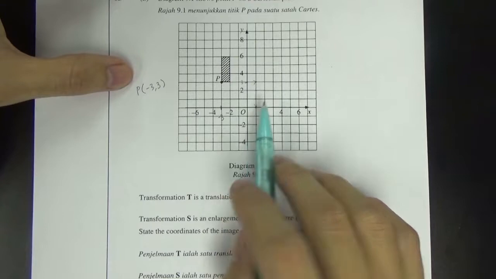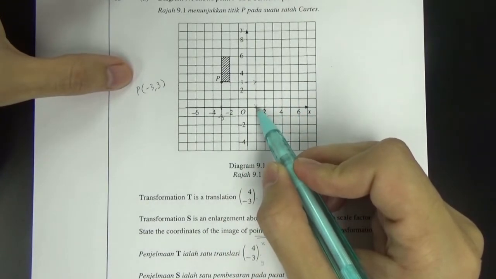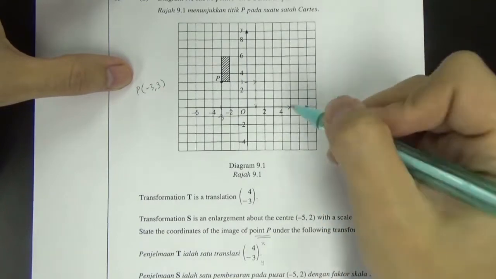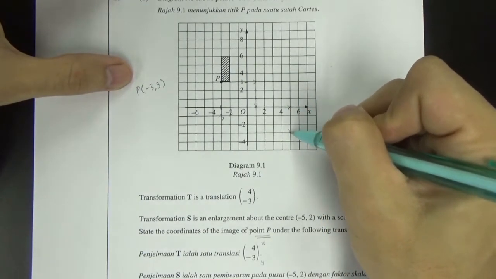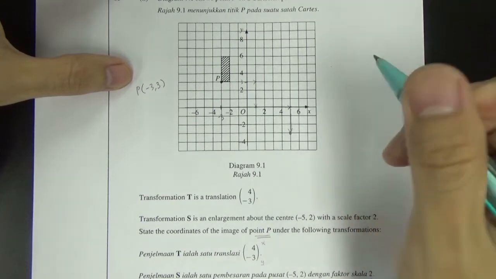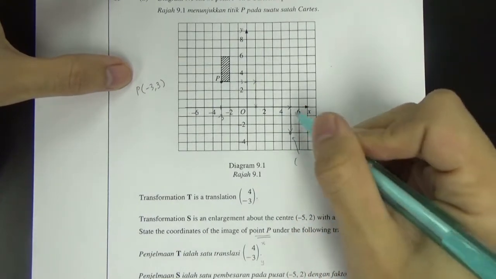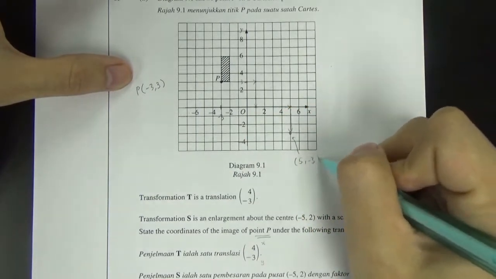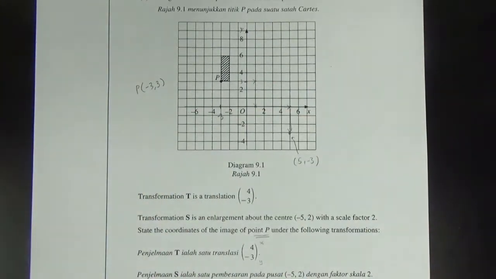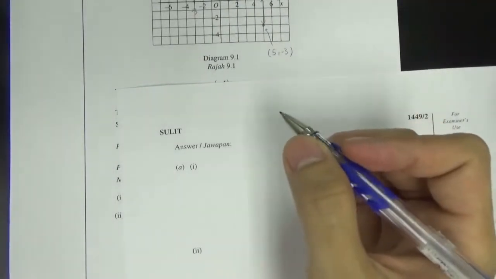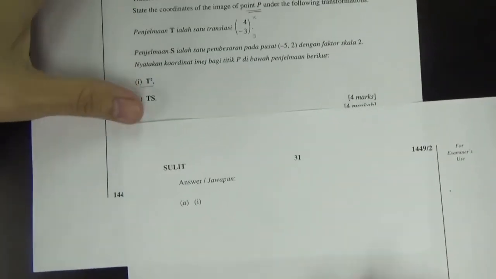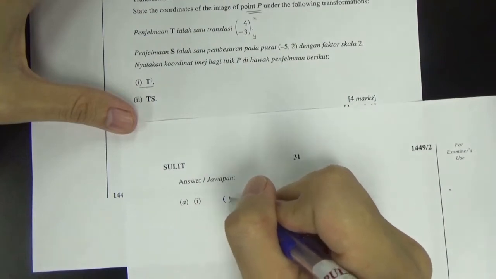So again, go to the right for 4 units, 1, 2, 3, 4. Then go down by 3 units, 1, 2, 3. So in the end, we end up with this point, which has a coordinate of (5, -3). So now we can write the answer. On the next page, the coordinate of the image of P under T squared would be (5, -3).